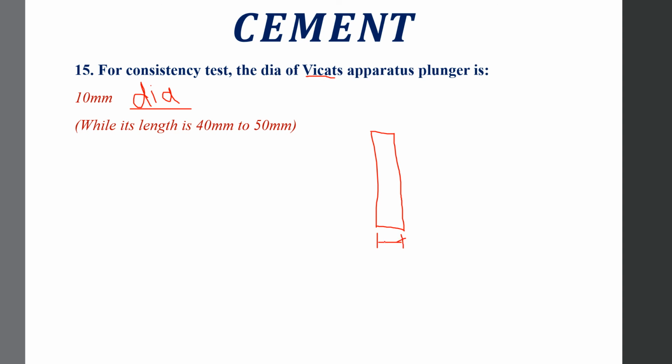Its diameter will be equal to 10 millimeters, and according to various standards, its length may vary. Its length is this one, and it may vary from 40 millimeters to 50 millimeters.